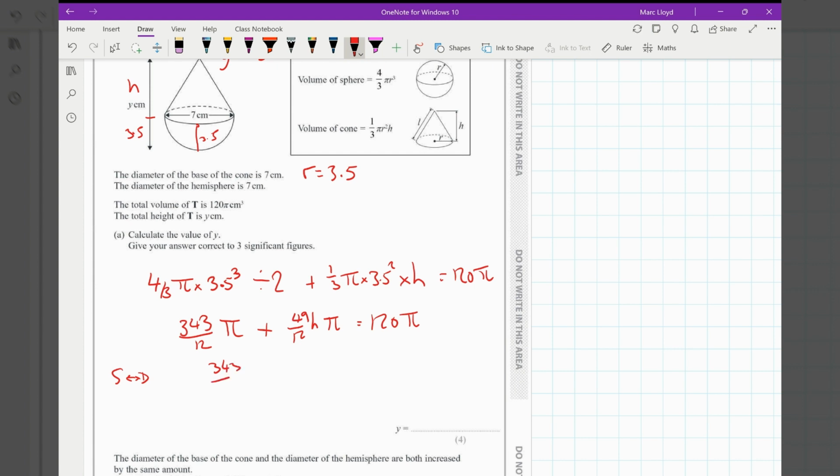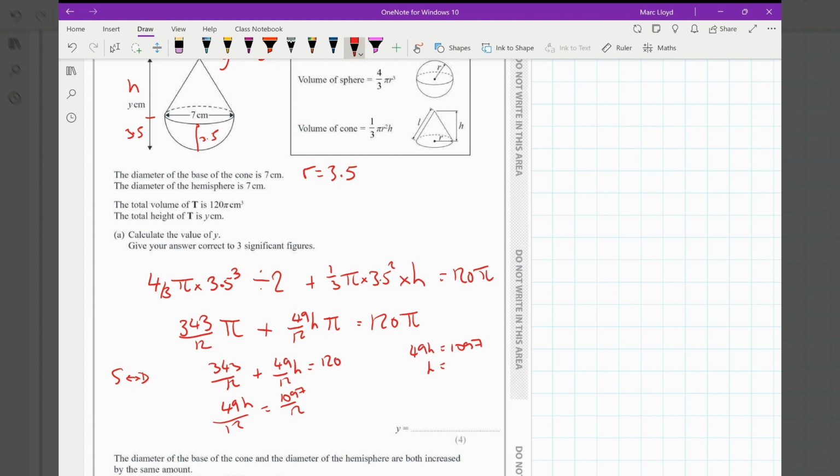So 343 over 12 plus 49 over 12 h equals 120. 120 take away the 343 over 12 means that 49h over 12 equals 1097 over 12, which means that 49h equals 1097.